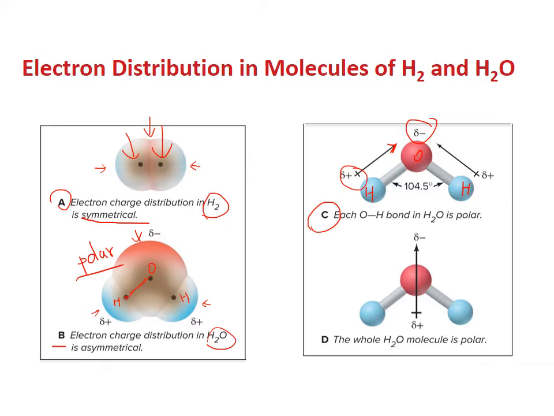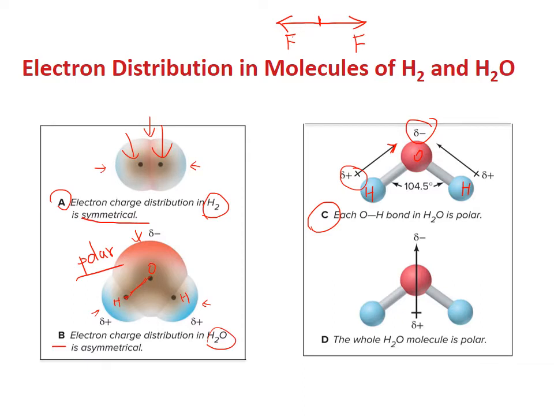Now, if these two bonds are in the same line, then the two polar bonds will cancel each other. That is similar to the case where you pull a string at 180 degrees to the left and the right. The center will not move because the two forces cancel each other.